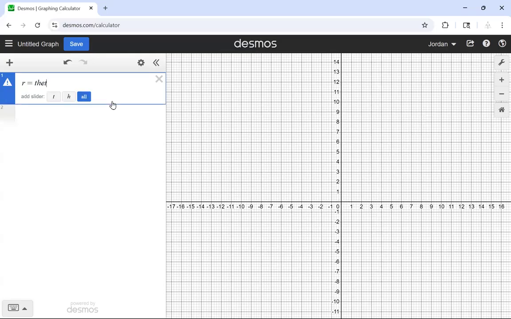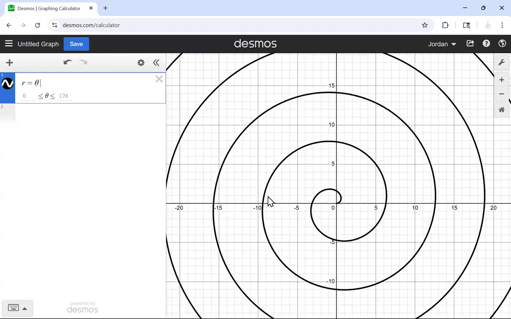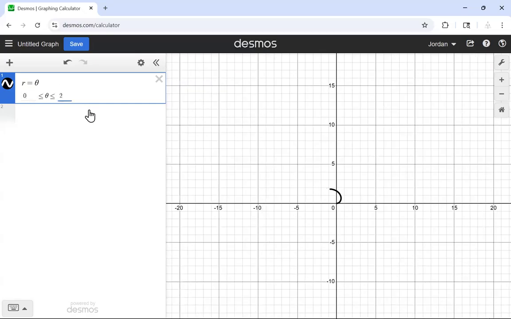The equation that I said was really hard to convert into a rectangular equation was r equals theta. Now, when you're graphing with Desmos, you have to give bounds on theta. I tend to go from 0 to 2 pi. If you go from 0 to 2 pi, you get one loop of a spiral with r equals theta.